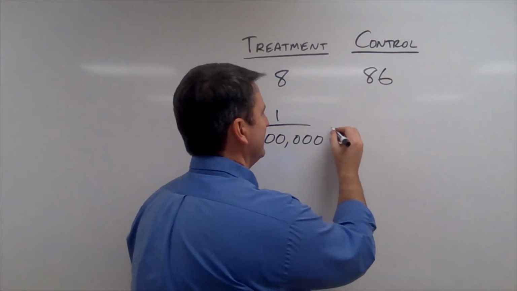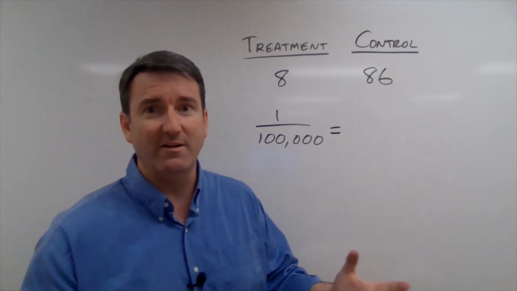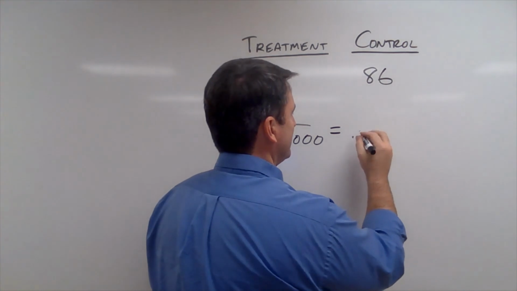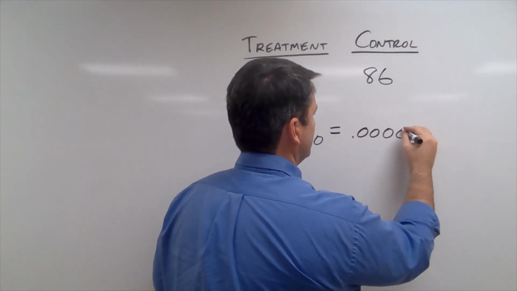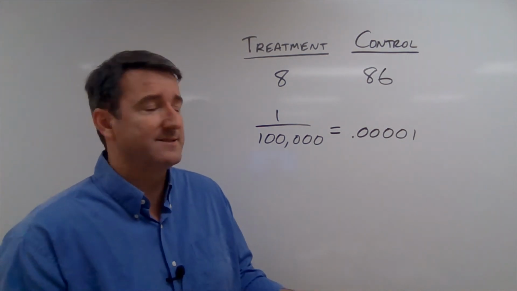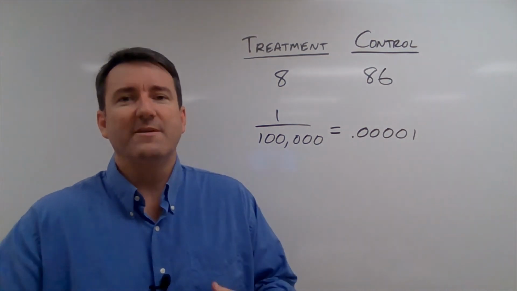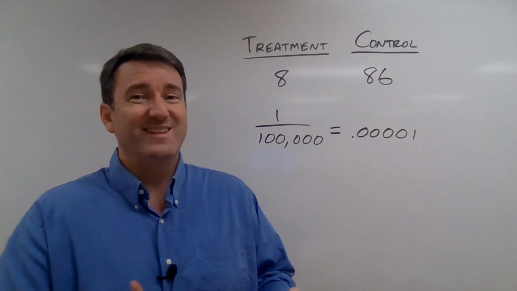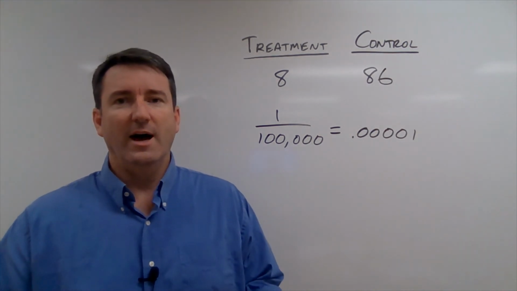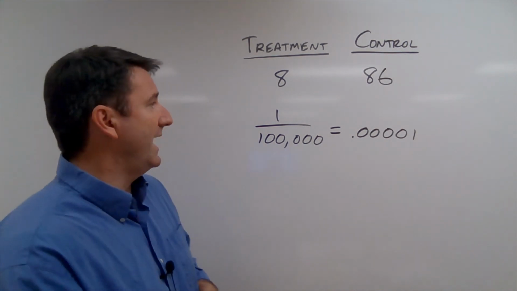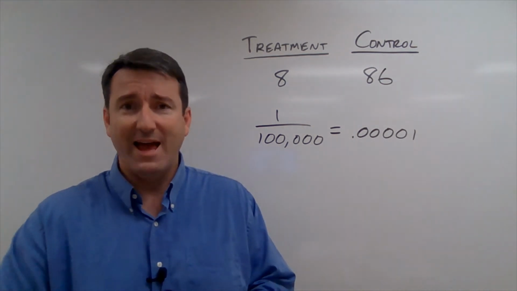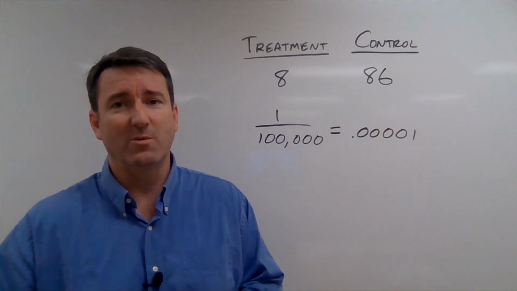And here we can clearly see that this is less than a 5% probability. 1 in 100,000 as a decimal is 0.00001, and that's clearly less than 0.05. In fact, it's clearly less than 0.01. Significance at the 0.01 level means that there's less than a 1% chance that the results that we observed occurred randomly. And so, yes, this is going to be significant at the 0.05 level and at the 0.01 level.